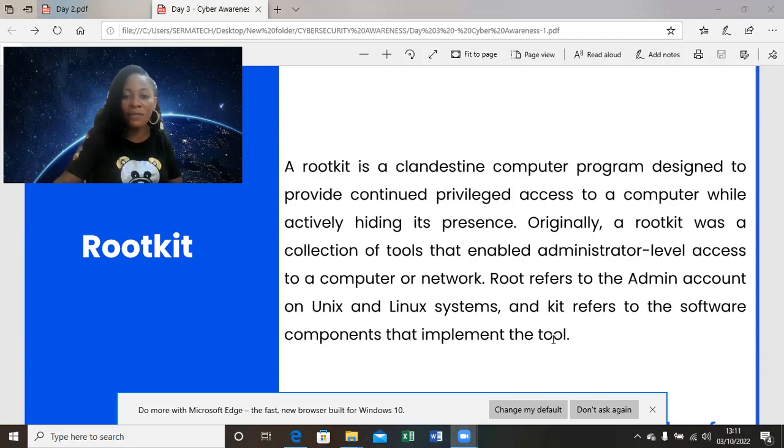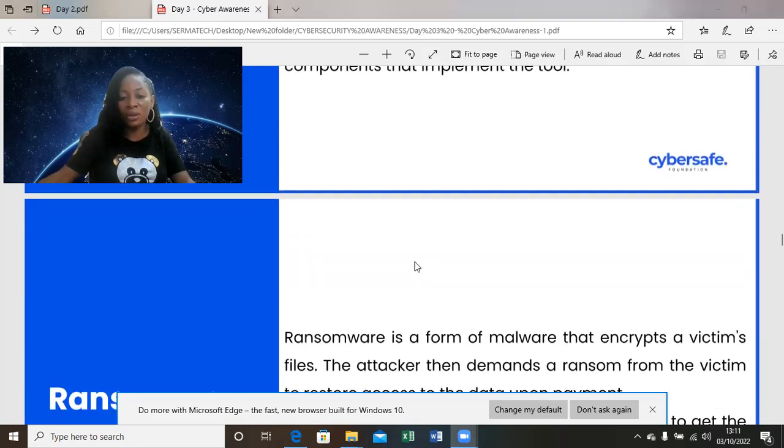But then we now have cyber criminals using it as a cyber criminal tool through which they can gain privileged access to your computer and use it to monitor activities going on in your computer without your knowledge.